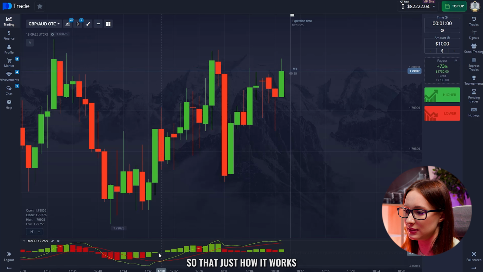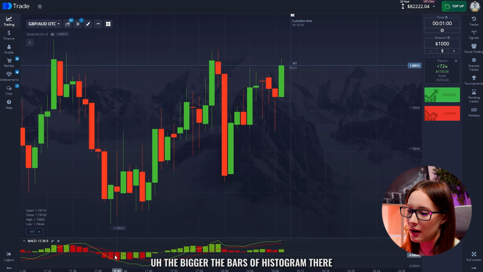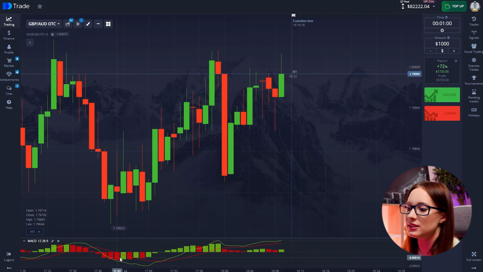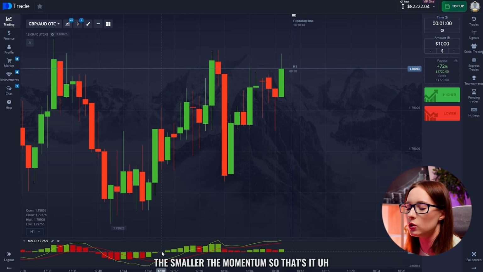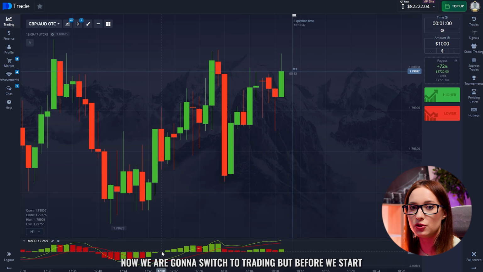So that's just how it works. Again, the histogram shows the changes in momentum. The bigger the bars of the histogram, the larger the momentum. The smaller the bars, the smaller the momentum. So that's it. Now we are going to switch to trading.